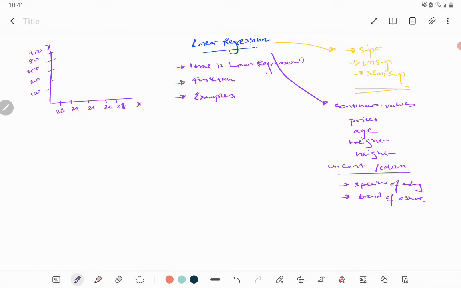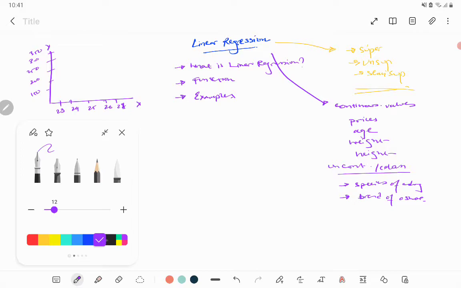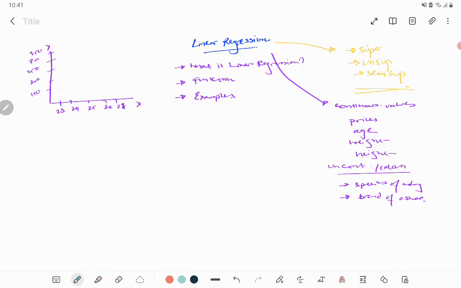This is a very simple data set, so let me just quickly put some values here. Let's say these are my data points where all my prices are increasing. As you can see, there's a linear relation between x and y.